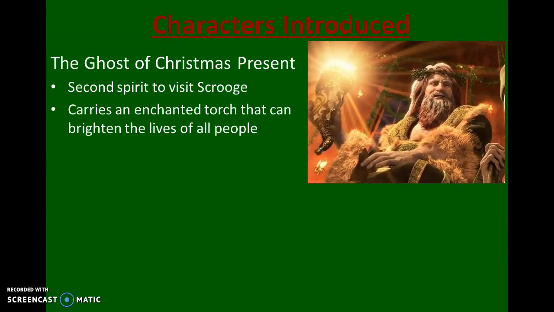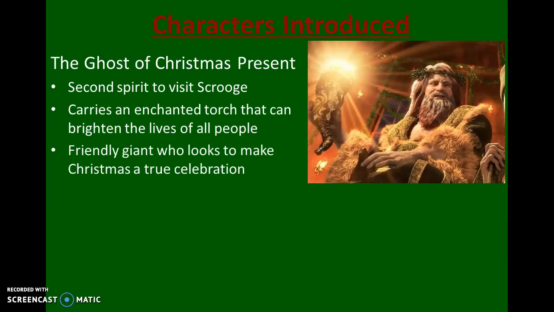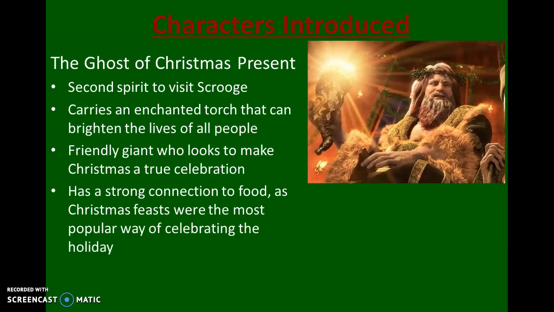Throughout the stave he sprinkles some of this magic from his torch onto people, and it instantly makes everyone celebrate the Christmas season and be in good moods. He looks to make Christmas a true celebration. He is all about the food and the family and the good times connected with Christmas.